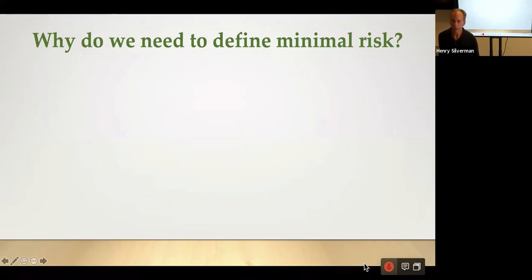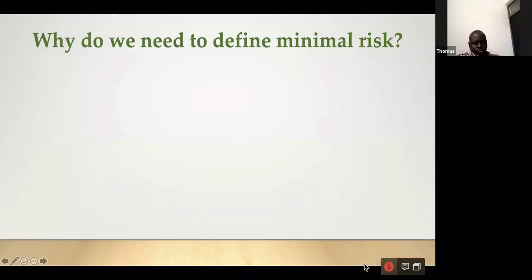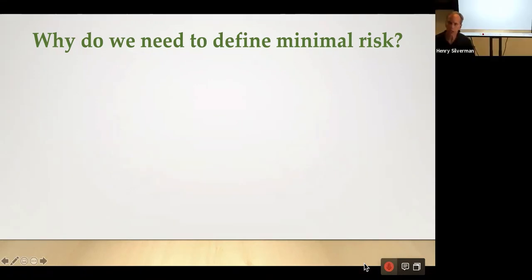We have to define what are the risks in a protocol. Then we have to try to minimize the risk as much as possible. So instead of taking 80 cc's of blood, is it possible to do only 15 cc's of blood instead? So we try to minimize the risk, and then we balance risk and benefits. But we never really need to define which procedures are minimal risks.